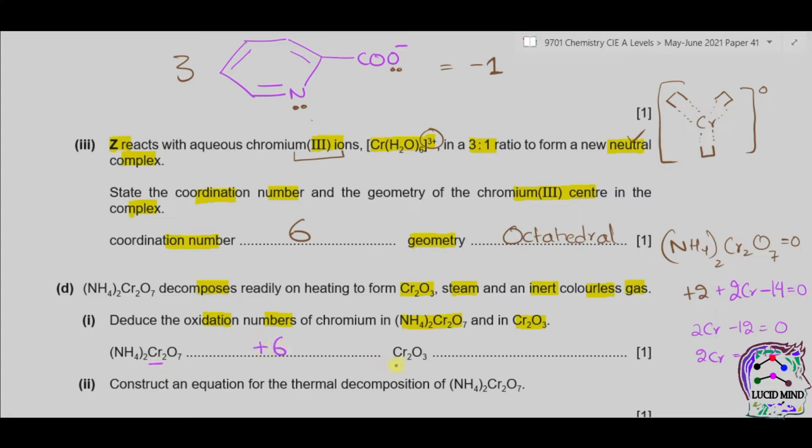In Cr2O3 we have 2 chromium, 3 oxygen, the oxidation state of 1 oxygen is -2, so for 3 it will be -6. So 2 chromium is +6 and 1 chromium will be +3.